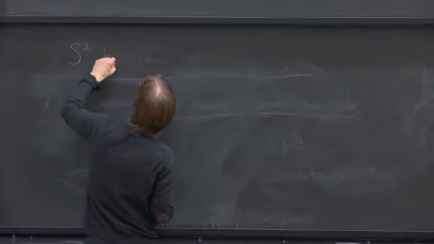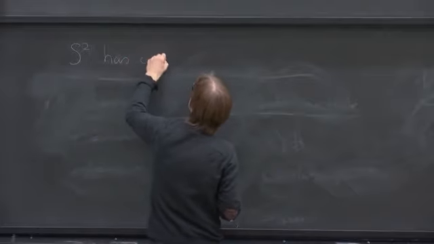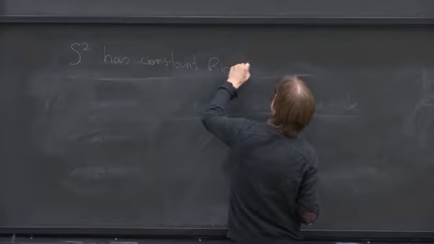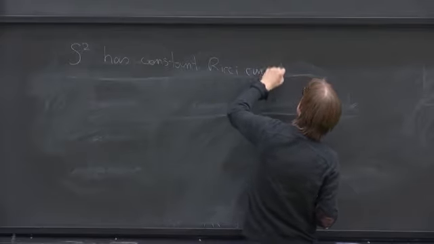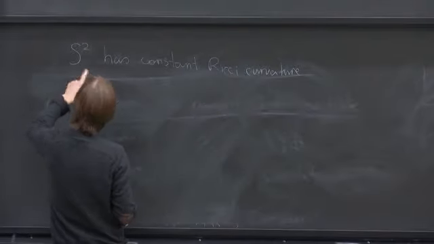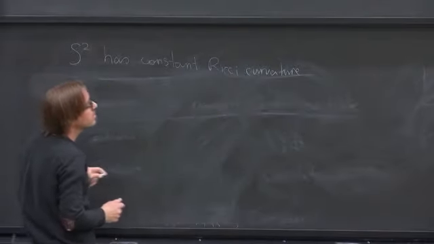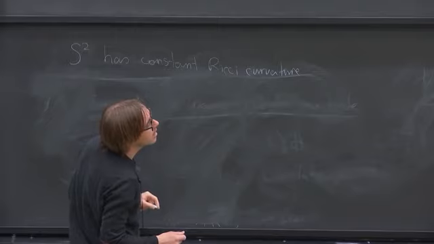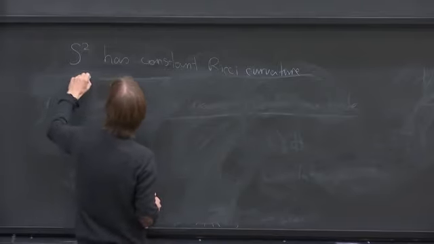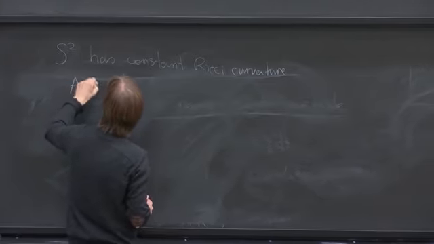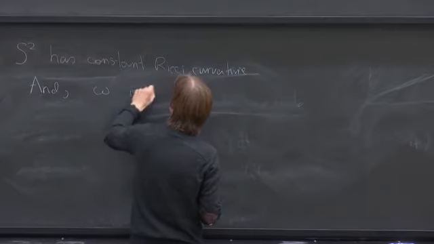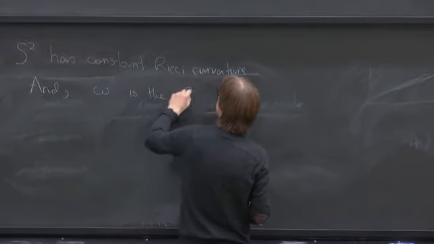The two-sphere has constant Ricci curvature. I mean, in 2 dimensions, there's only one kind of curvature. So the Ricci curvature is proportional to the metric. And omega kind of is the Ricci curvature.